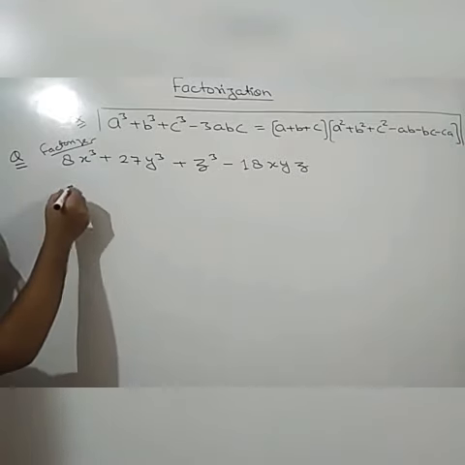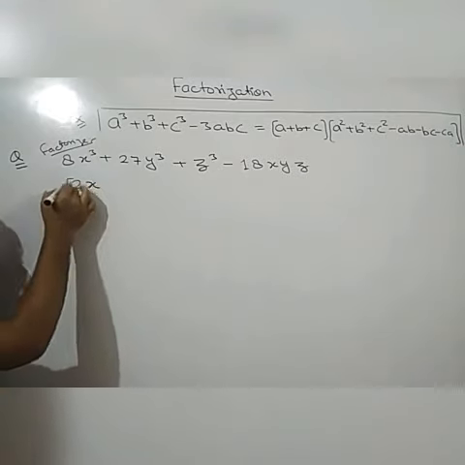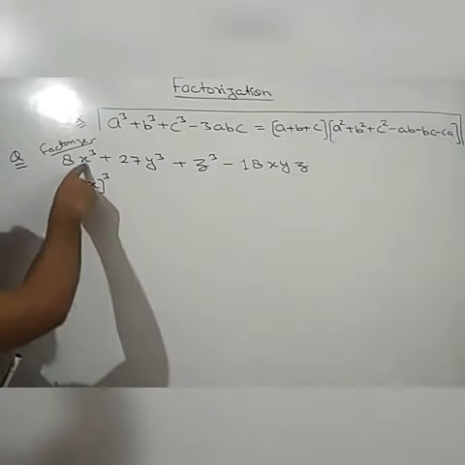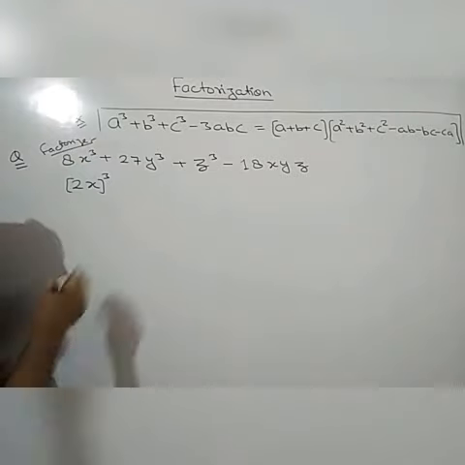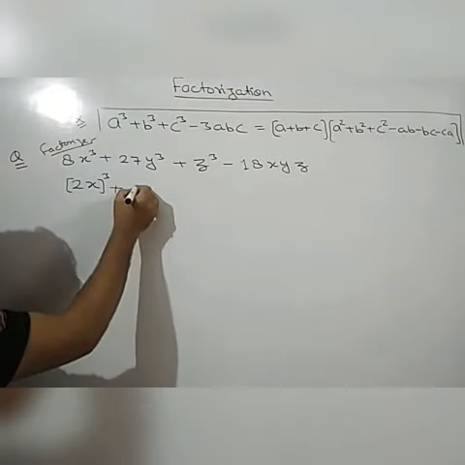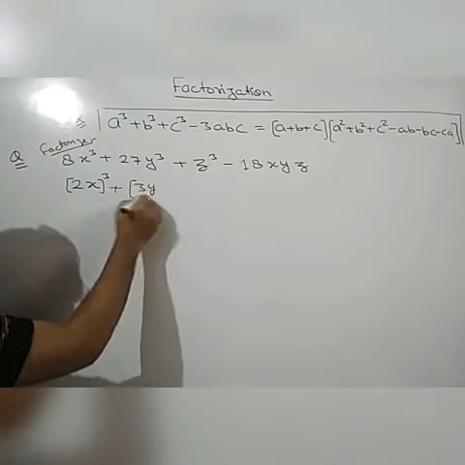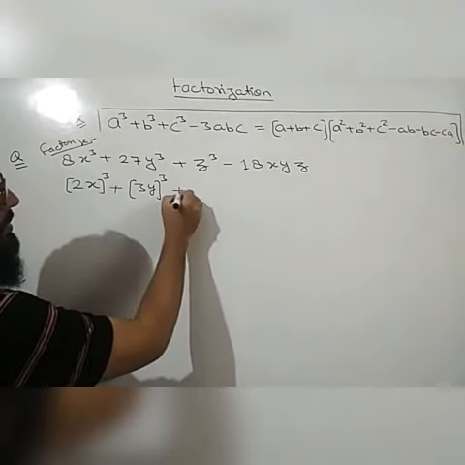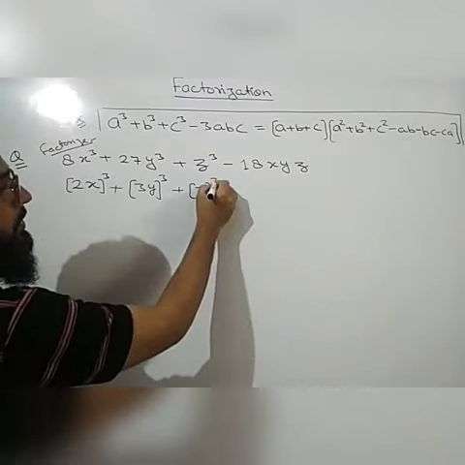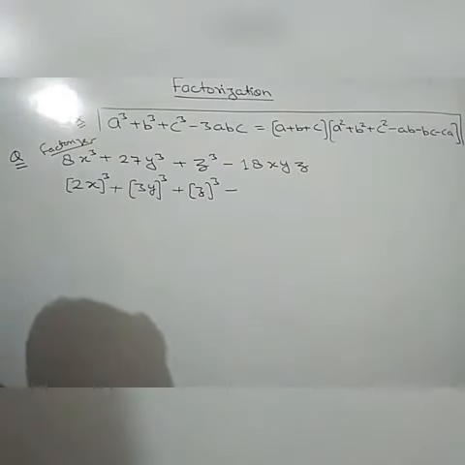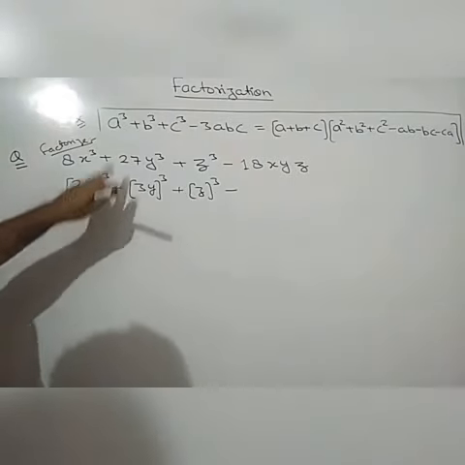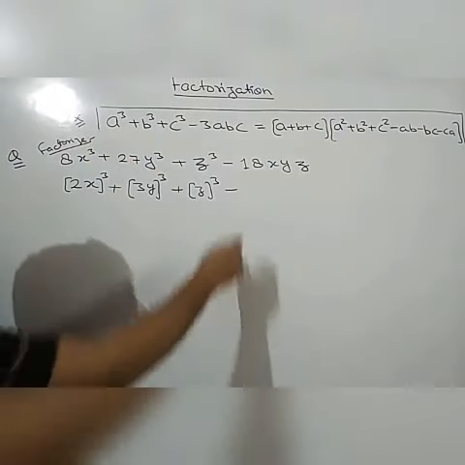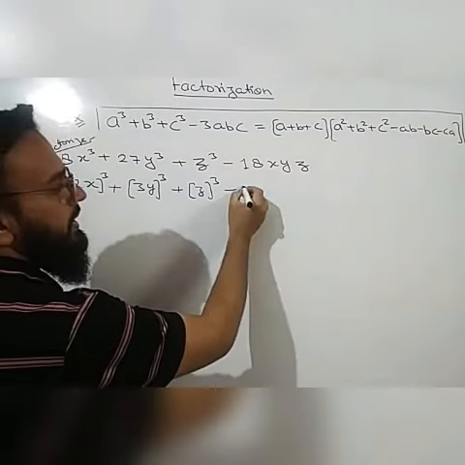So how can we convert it? 8x cube can be written as (2x) whole cube, because 2 cube is 8. Similarly, 27y cube can be written as (3y) whole cube, plus z cube minus. The identity is a cube plus b cube plus c cube minus 3abc, so there should be a minus 3. So first take out 3.